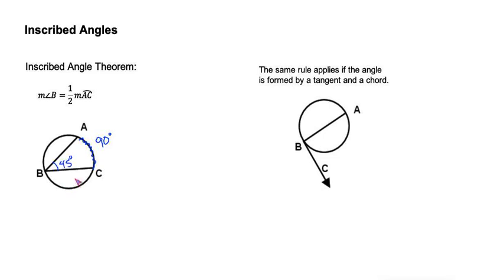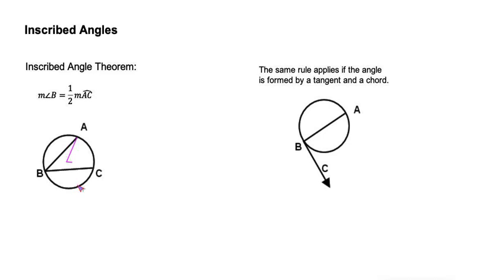It's pretty easy to see that an inscribed angle would be smaller than a central angle. Let's look at what a central angle would look like. A central angle would have its vertex at the center of the circle.